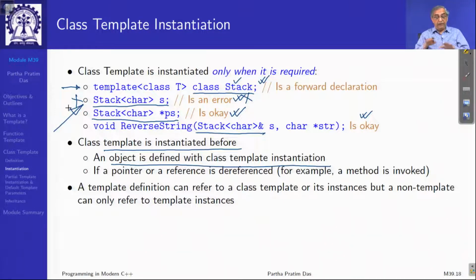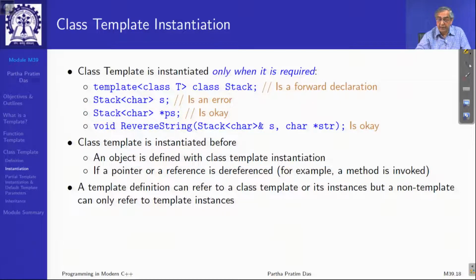If a pointer or a reference is dereferenced, then also I will need that. Just to define the pointer, I do not need to know the details, but if I want to dereference, then I will certainly need to know the object. So, I need to know the definition of that particular template, right.